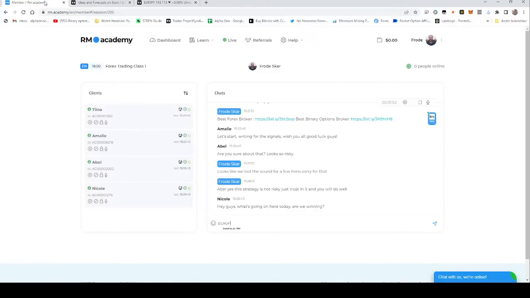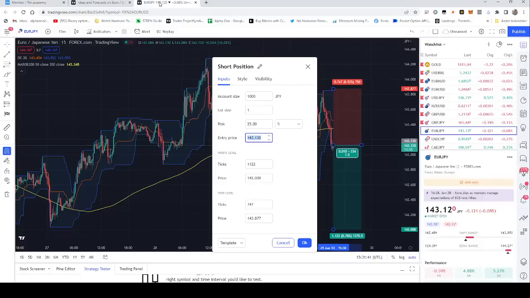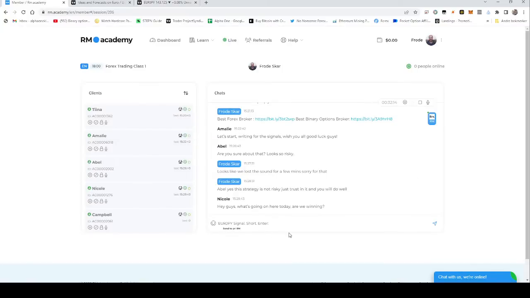Euro, signal, short, enter. Let me see, we need to go back. We copy this and then we take stop loss.